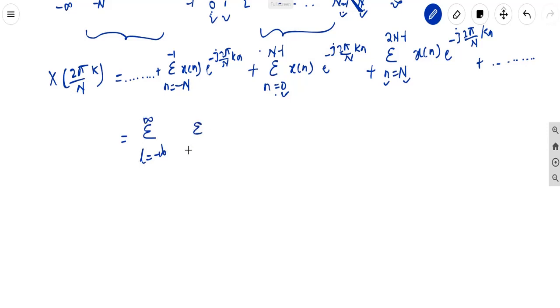So summation n is equal to LN, this variable L and capital N, to LN plus N minus 1. For this range, what we have done is we have added LN, so down also I have added LN and here also I have added LN. So this becomes x of n e to the power of minus j 2 pi by N kn.